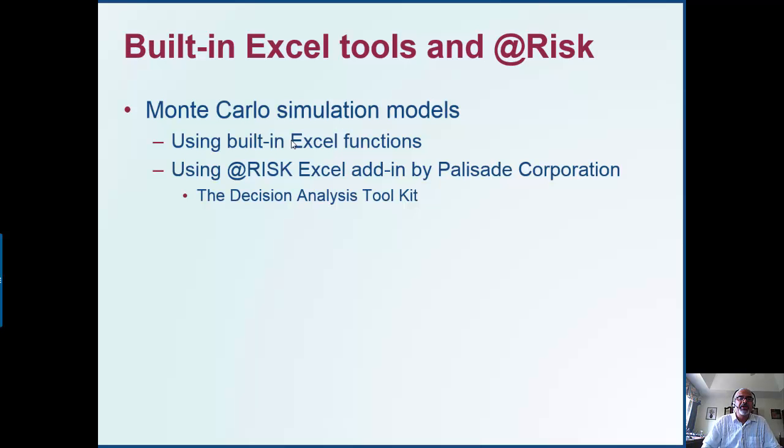And we'll be using two approaches for the Monte Carlo simulation. First, we'll be using built-in functions in Excel itself without using any add-on product. So we'll look at those examples, and then we will be using a particular add-on software for Excel called @risk.